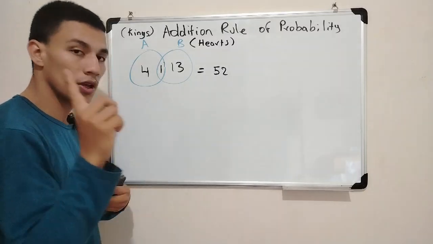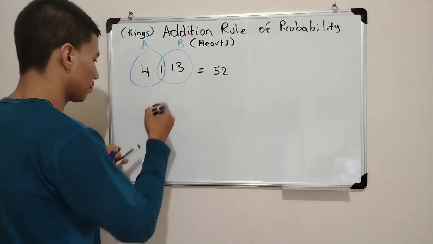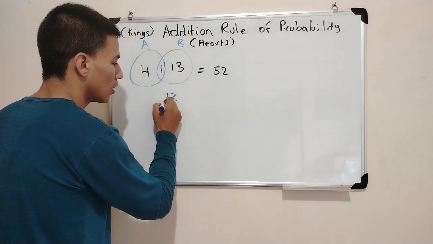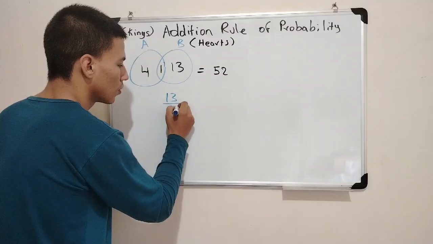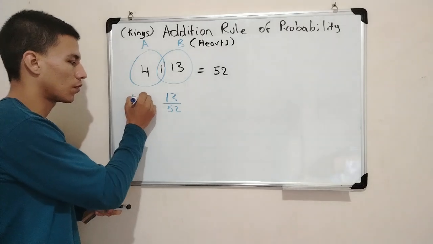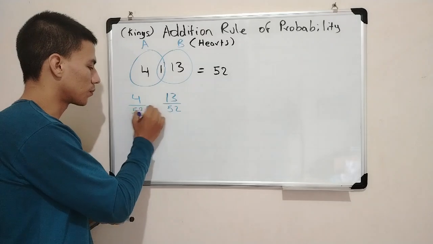Let's write this in probability expressions. That will be 13 out of 52, and here 4 divided by 52.